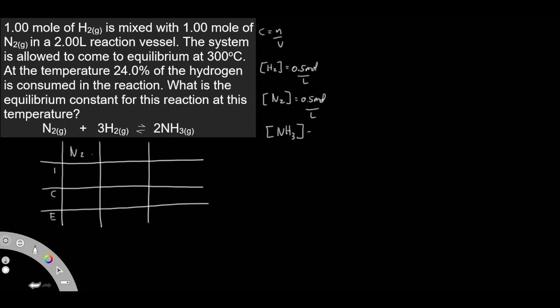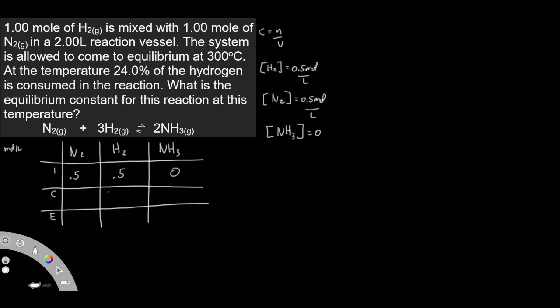And we have our N2, we have our H2, and we have our NH3. Let's put all of this in moles per liter. In terms of our initial concentrations, we had 0.5 moles per liter for H2, for N2 we also had 0.5, and for NH3 we had 0.